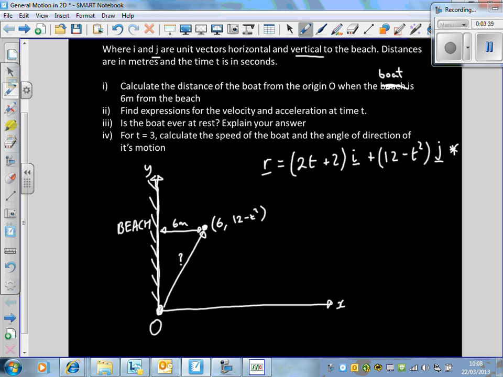We don't know what t is. That's the whole point. But we can find t because our i direction is our x direction, so this has to be equal to 6. 2t plus 2 is equal to 6 gives me t is equal to 2 seconds.